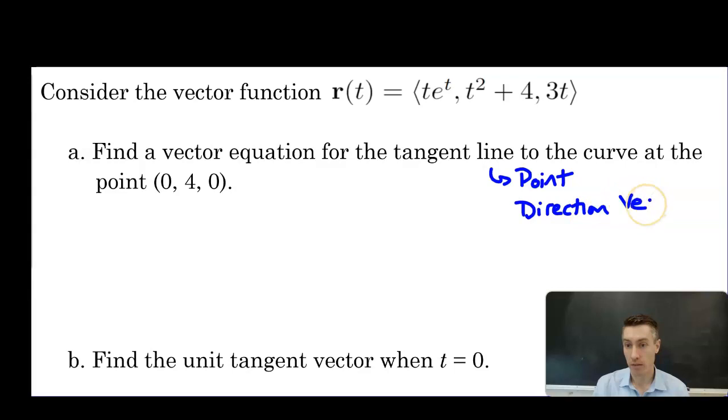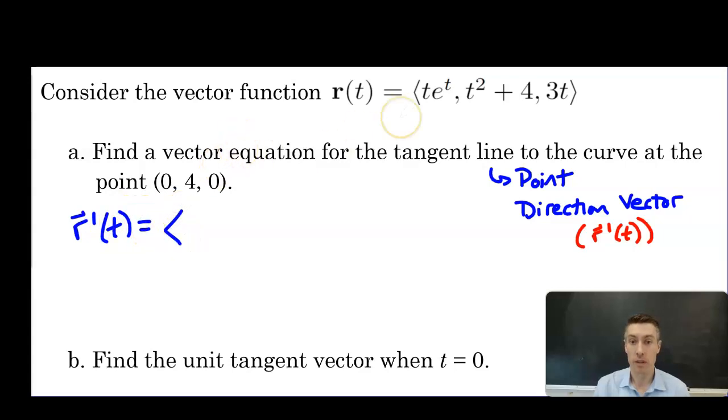We have the point covered; they give us the point 0, 4, 0. We need a direction vector, which in this case we're going to use r prime at whatever t value the point's defined at. So let's start by finding r prime of t, our derivative or our tangent vector.